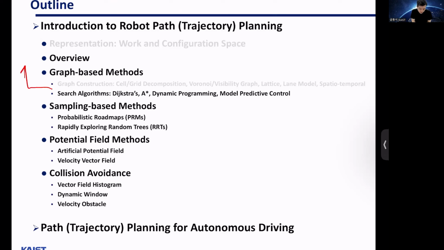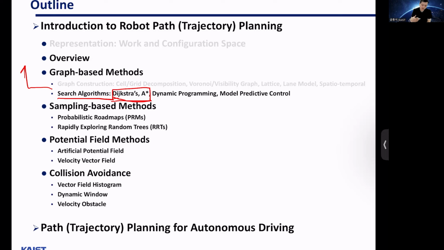So we talked about representation, graph construction, and now we are going to talk about search algorithms, okay? Mainly Dijkstra and A* will be discussed in the following slides. And note that search algorithms can be applied to other methods as well.